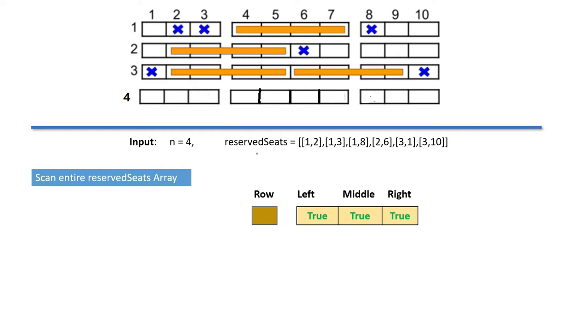Suppose whenever I am traversing this reserved seats array, I traverse this one, then my row number is 1 here. So for that row, create a map where the key will be an integer, that is the row number, and the value will be a boolean array of 3 fields: left, middle and right.